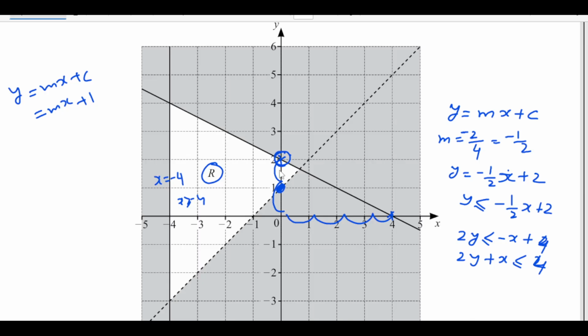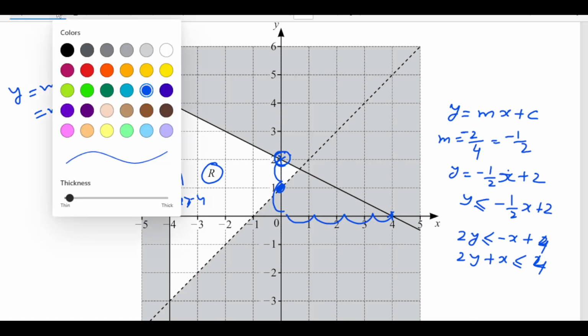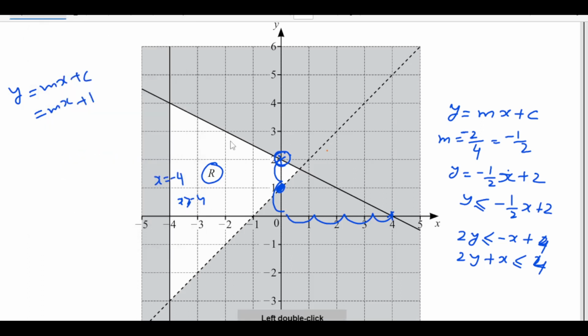So let's see what the gradient is. If I choose this point here, let me just change the color. Let's take this point, going 1 across, and this is 2.